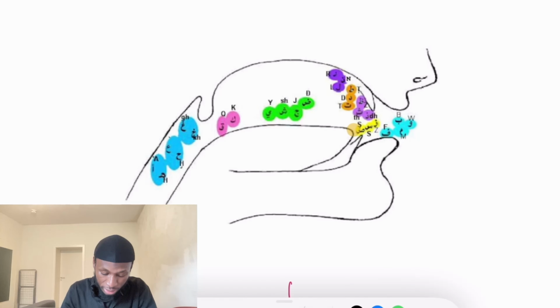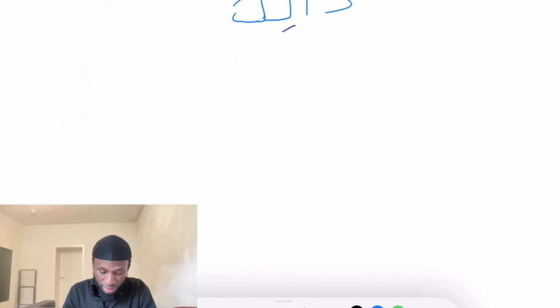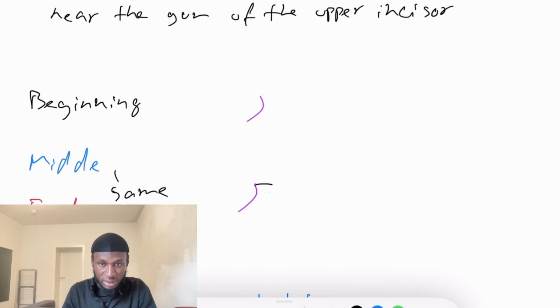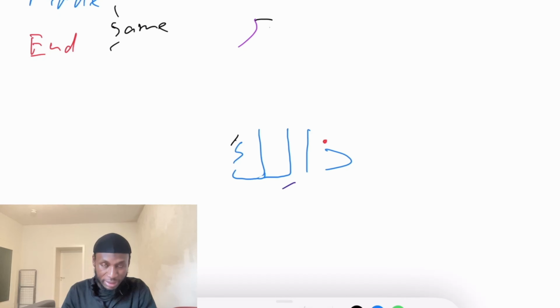You use the tip of your tongue and you connect it here. Ra, you get Ra. Okay, alhamdulillah. And for today, that's it.